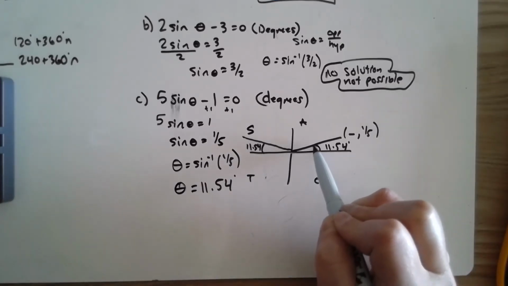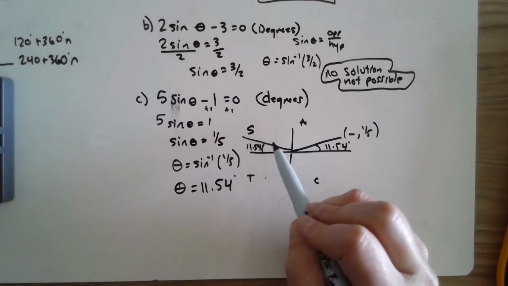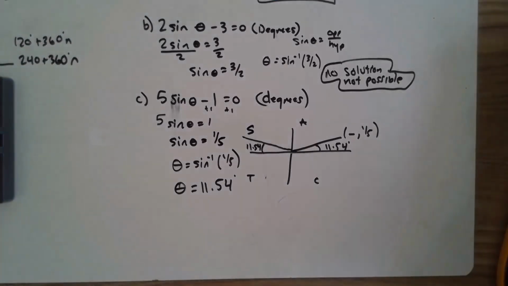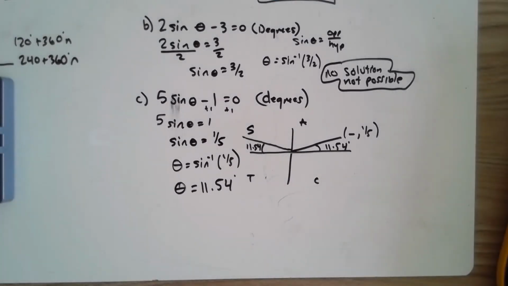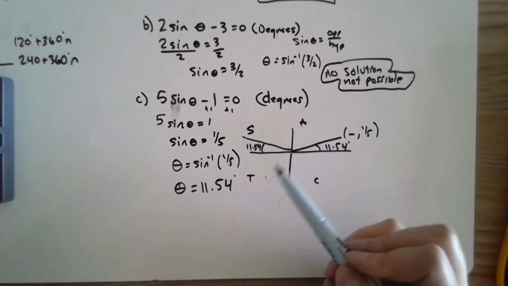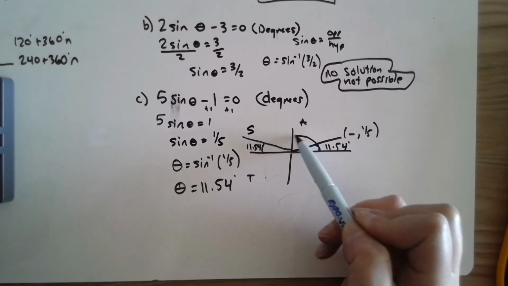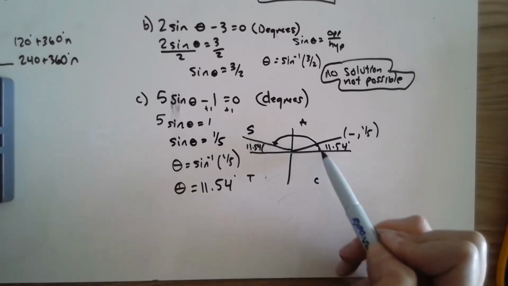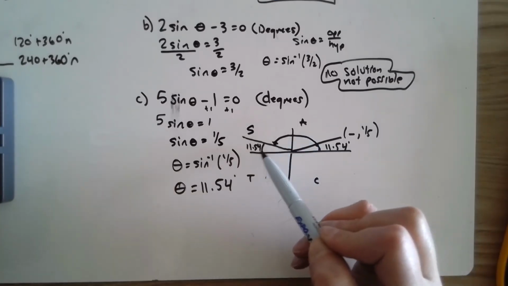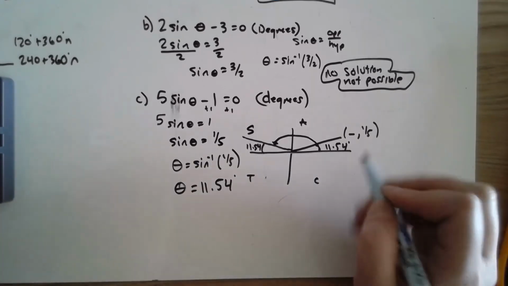So how do I find this angle right here? Okay, what could you do to find that angle? Well, if you notice, this is just short of 180 degrees. It's actually 11.54 degrees short of 180.